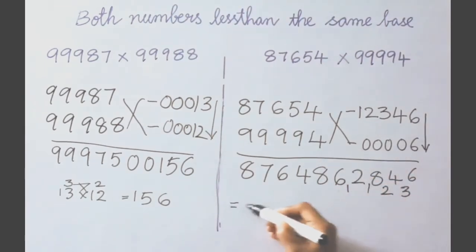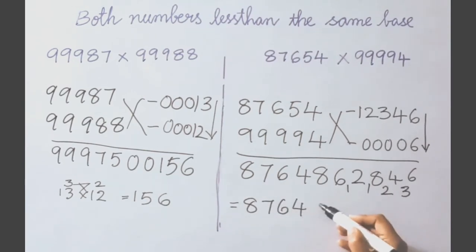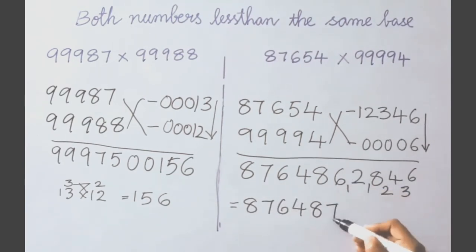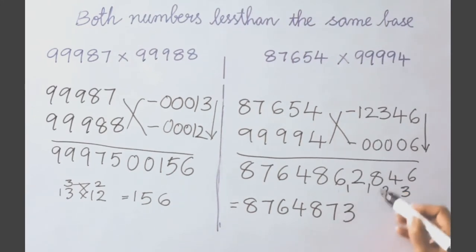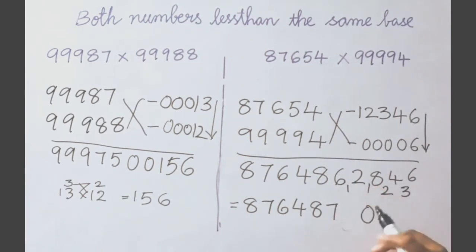So let us see the final result. 8 7 6 4 8. 6 plus 1, 7. 2 plus 1, 3. 8 plus 2 means 10, so we write 0 and get a carry 1. So 3 plus 1, we get the answer 4 here. Now add these two, 4 plus 3, 7, and this value 6. This is the final result.